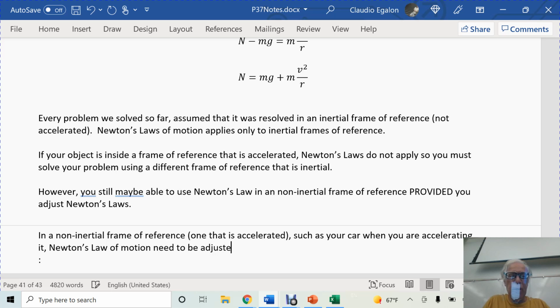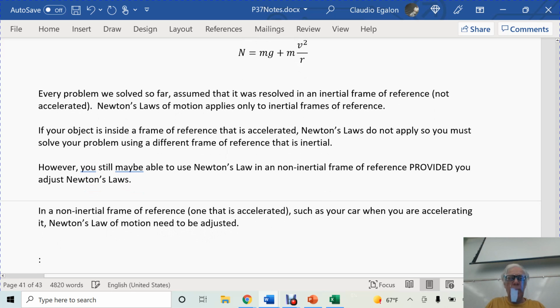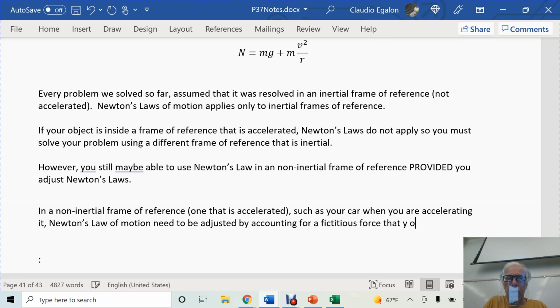And how do we do that? They need to be adjusted by accounting for a fictitious force that you feel when the frame of reference is accelerated.